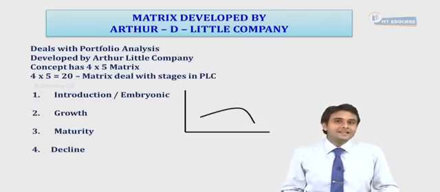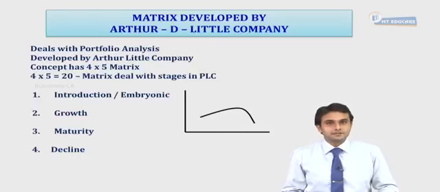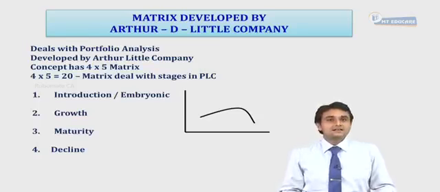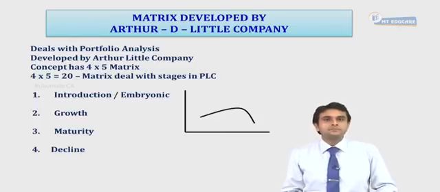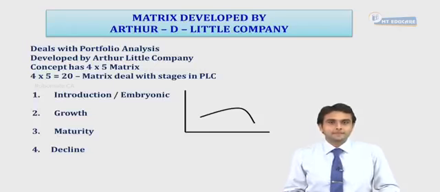Now, the next technique is called the ADL Matrix. Arthur D. Little is the name of the person who actually came up with this matrix, and the name of the organization is ADL. Now, this contains 4 stages which are similar to the 4 stages that we just understood in the product life cycle. The 4 stages here are the embryonic or introduction stage, the growth stage, the maturity stage, and the decline stage.